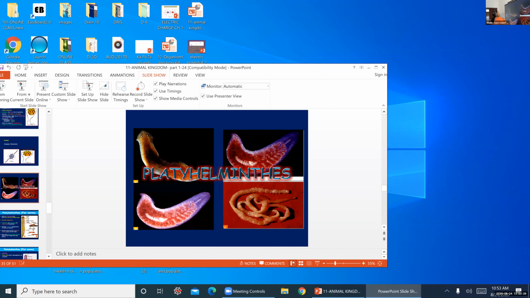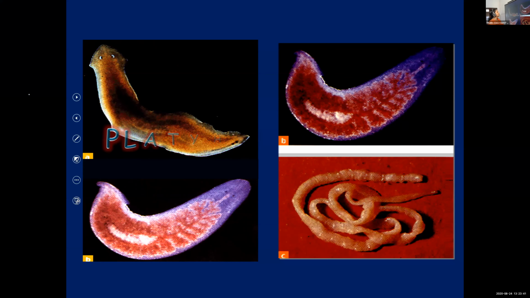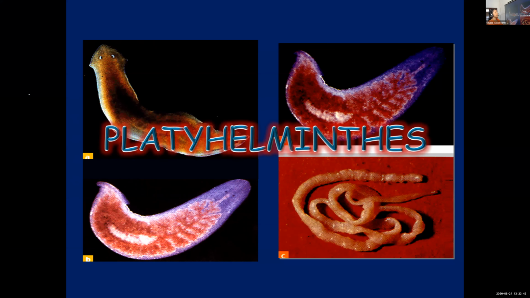Okay. So the next phylum we are going to learn is Platyhelminthes. Does anybody remember what we learned about Platyhelminthes in class 9? One typical feature, flat. They are known as flatworms, Anna, very good. What do you mean by flatworms? What is special about their shape?